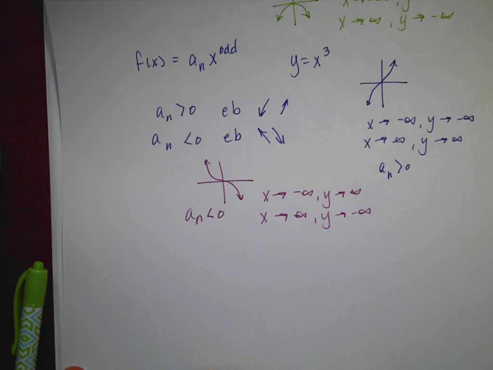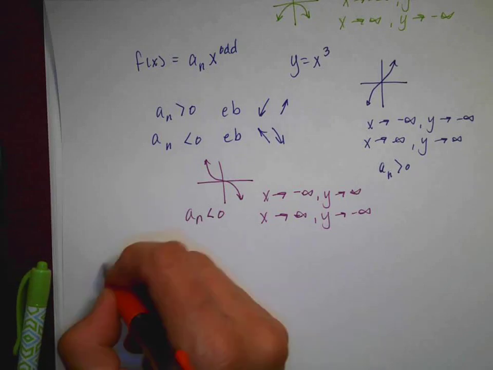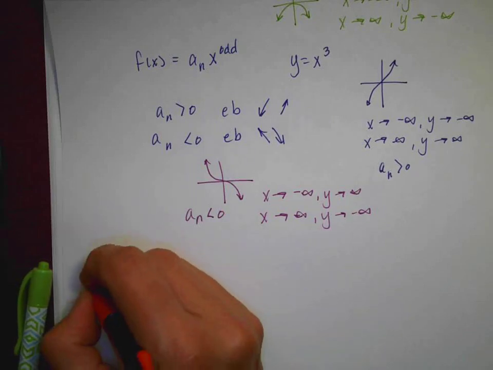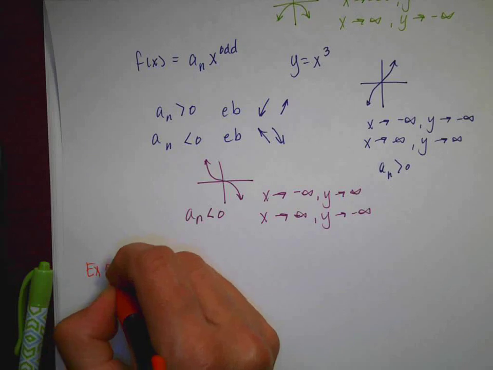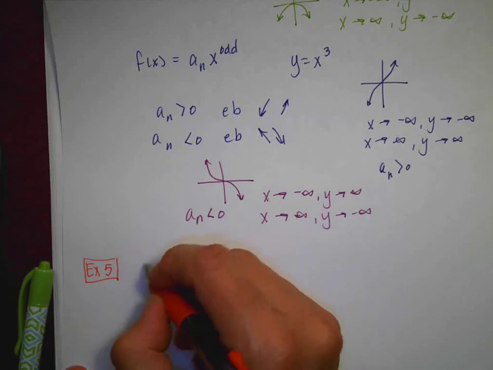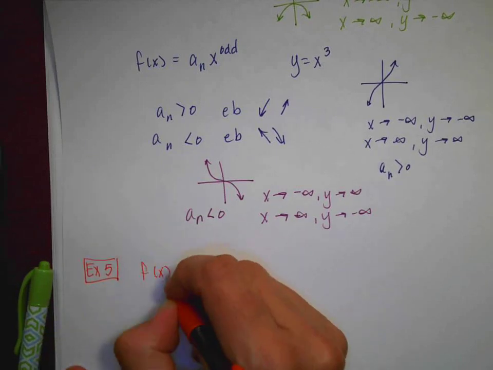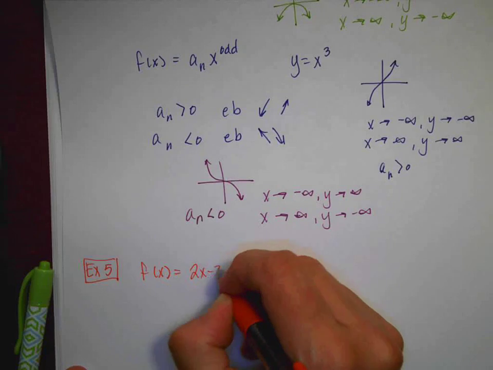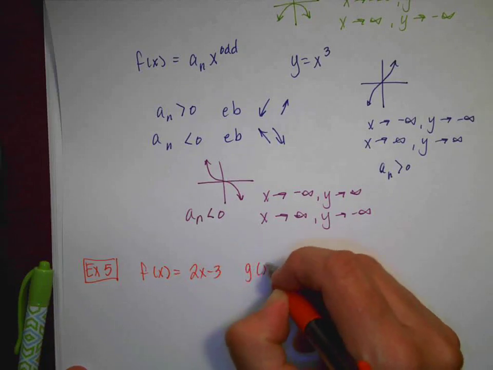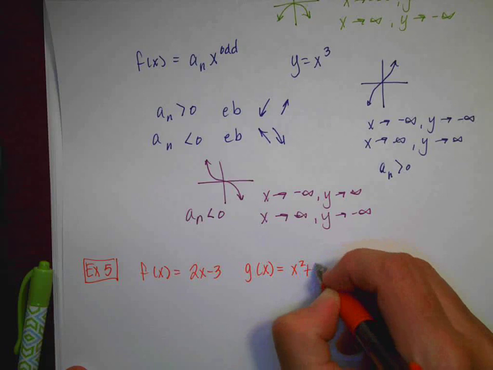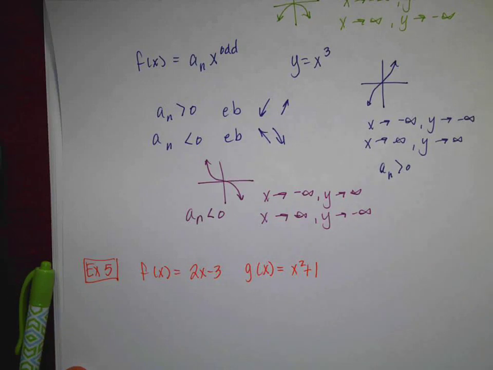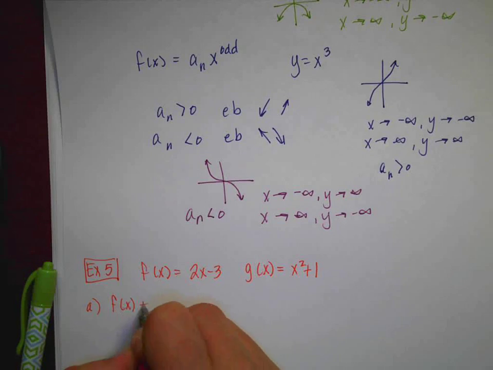All right, so I want to talk about combining functions, and I'm not going to do all of the examples because I think we'll remember that from previous math courses. So if I have f of x is equal to 2x minus 3 and g of x is equal to x squared plus 1, I could do math on my functions.